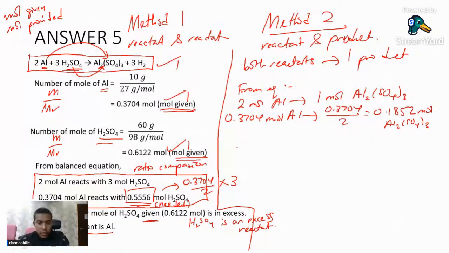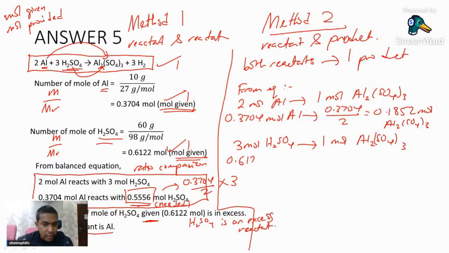Okay, alright. So now another one is from H2SO4. 3 mole of H2SO4 produces 1 mole of Al2(SO4)3. So kalau mole yang you kira just now is 0.6122 mole of H2SO4, this one you need to divide by 3 lah.